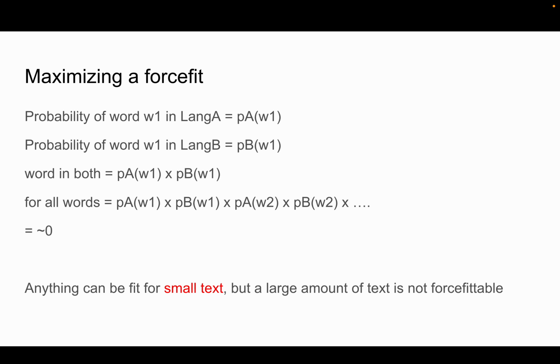The probability for all the words that you mapped to be in both is the product of all of these, and it is essentially close to 0. So for a small text, you can force fit a language of your choice, but for a large text, it's not fittable. Now, this is for an alphabet.